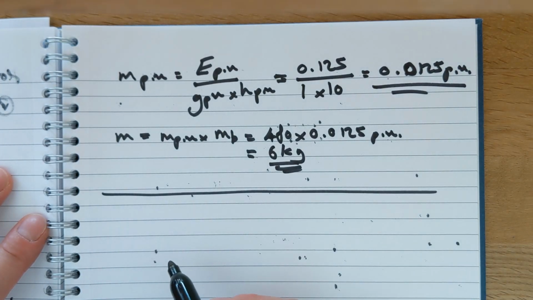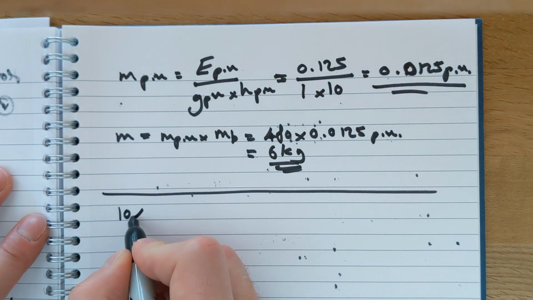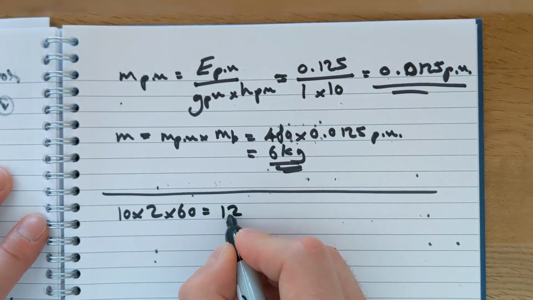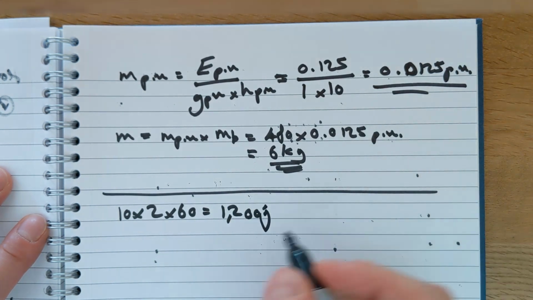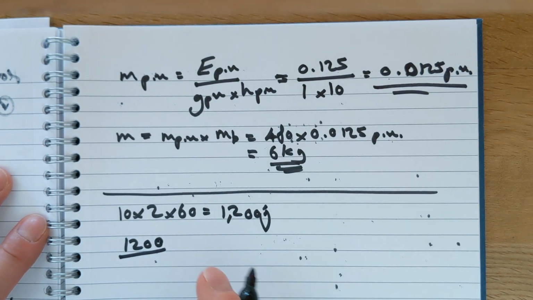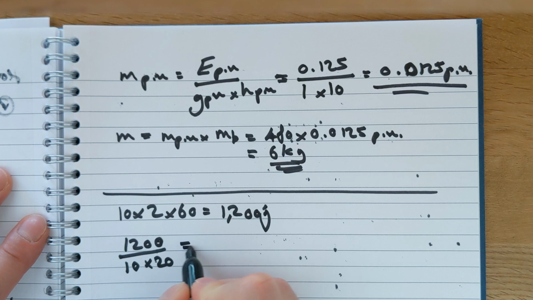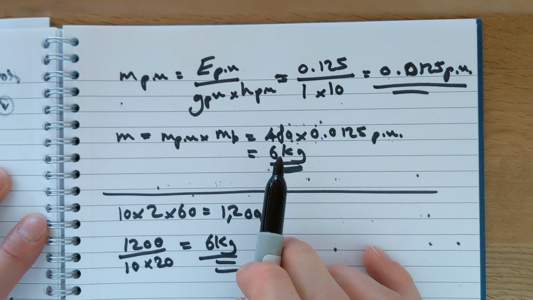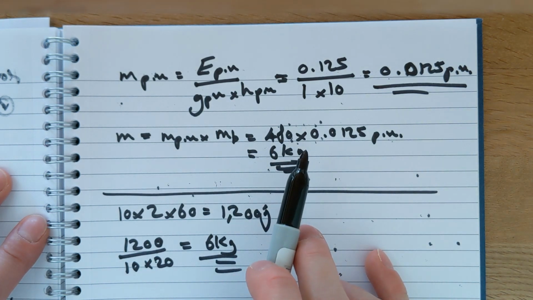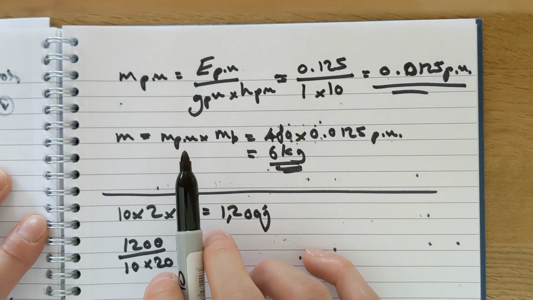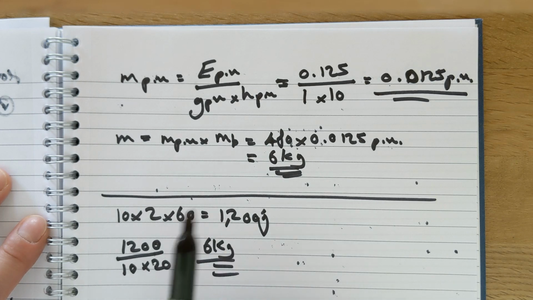So voltage 10 times by current 2 times by 60 seconds means that the pump was provided with 1,200 joules worth of energy. 1,200 joules of energy divided by gravity at 10 times by height of 20 meters equals 6 kilograms. So as you can see, the two values are perfectly identical. One converted to per unit, calculated in per unit, and then transferred from per unit back to real values, and one just using real values.